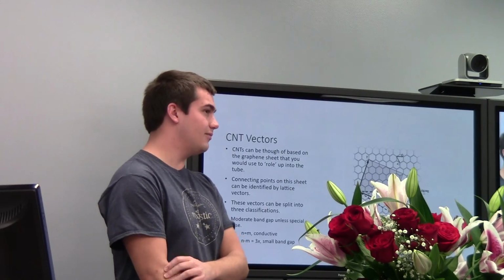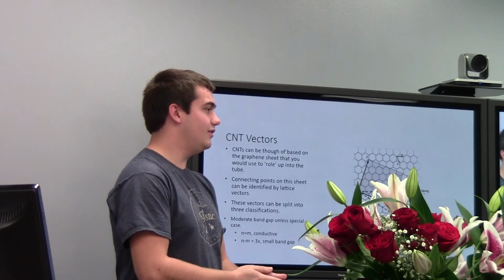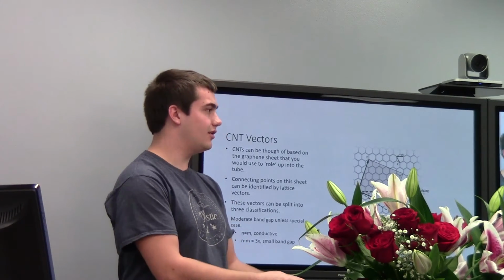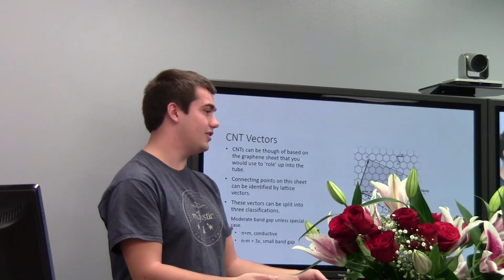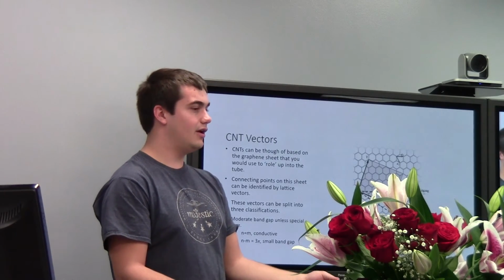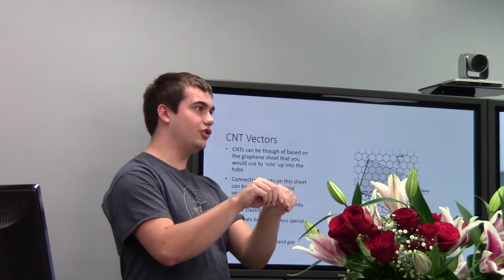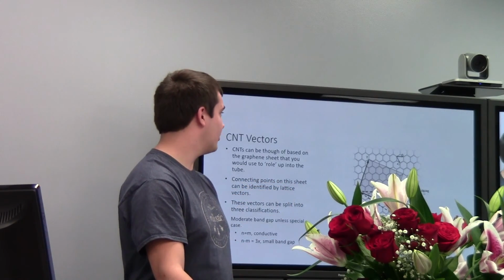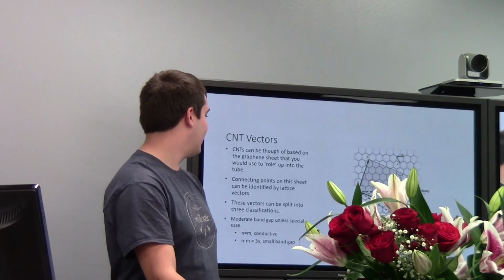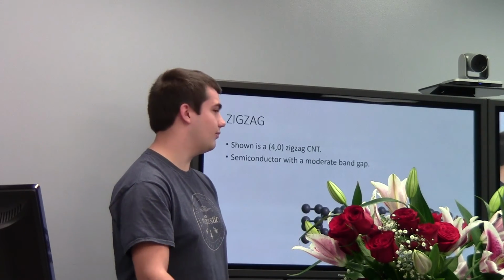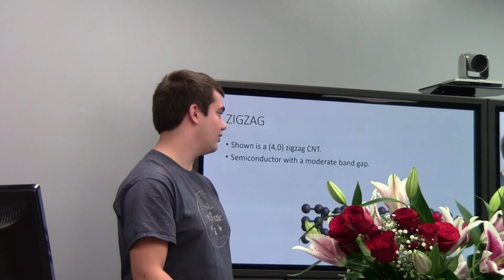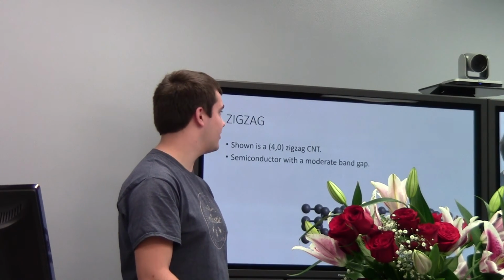For the vectors that describe them, you can think of them as a graphene sheet, and then vectors along that graphene sheet point to another carbon that you would roll up into a tube and connect them there. So the three types that we could get when we do this are zigzag, where one of the pair of vectors is a 0.